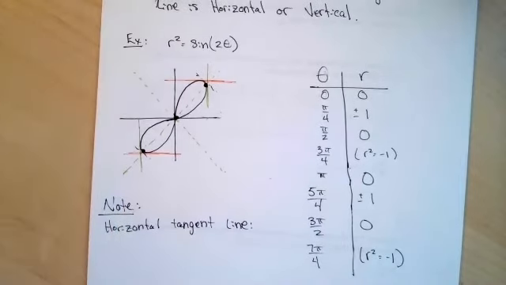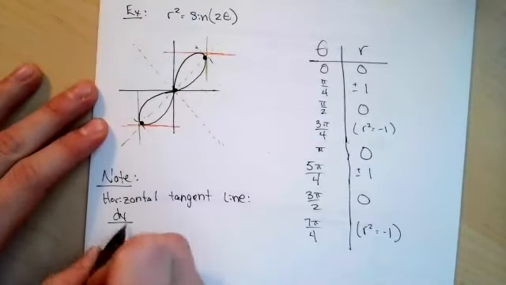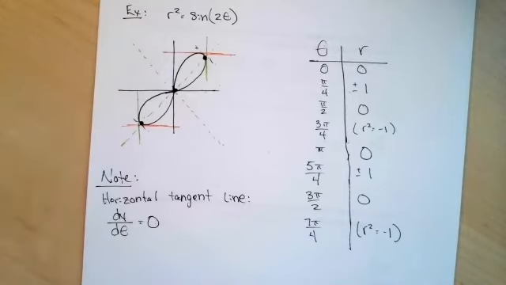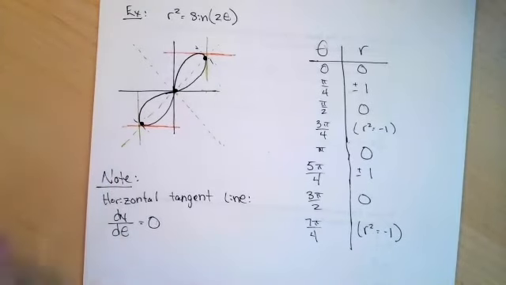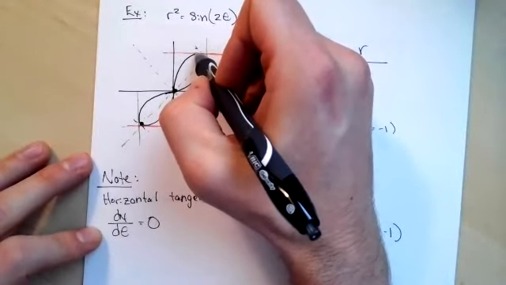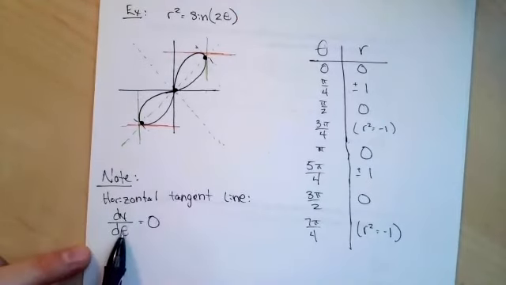What's the rate of change of y? 0. So not only is the slope dy dx going to be 0, but really just our dy is what you want to think. Our dy, these infinitesimal changes in y, should be 0. So however the curve is parameterized, if we're using polar coordinates, dy d theta should be 0.